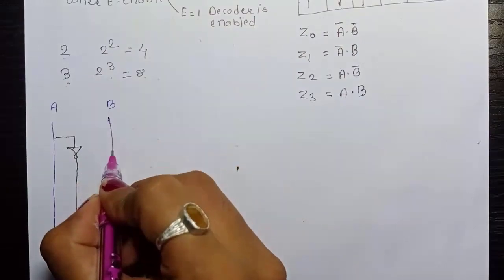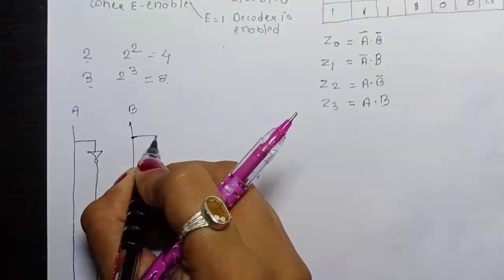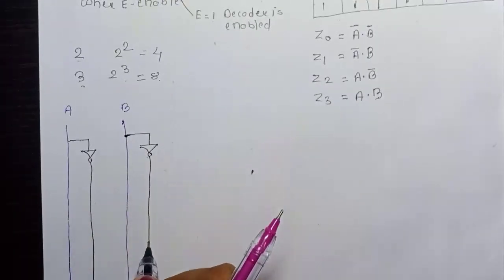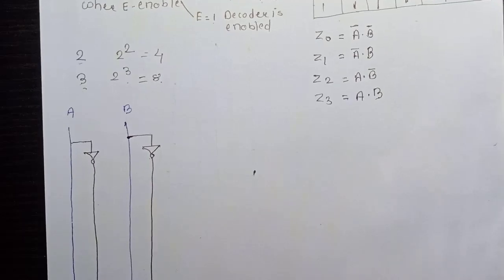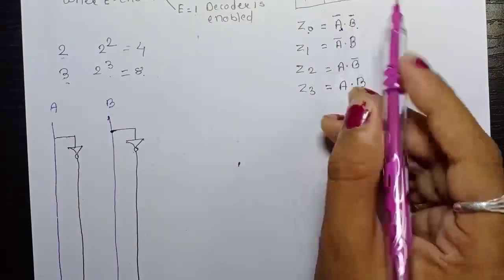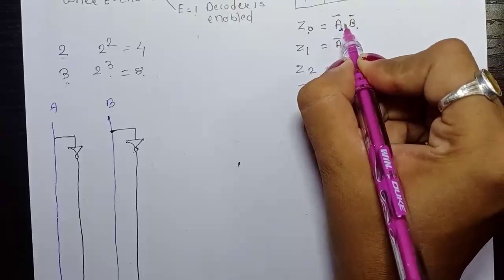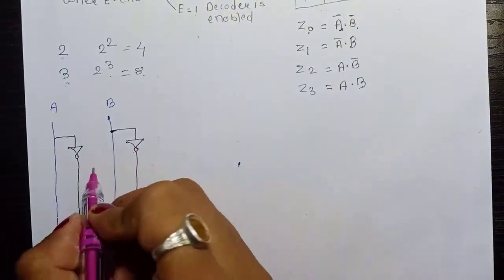Then this is input line B, and this is the complement for B, that is B bar. Now your Z0 is A bar into B bar. Here we are using dot, it means it is AND operation. It means that here we have to use AND gate.